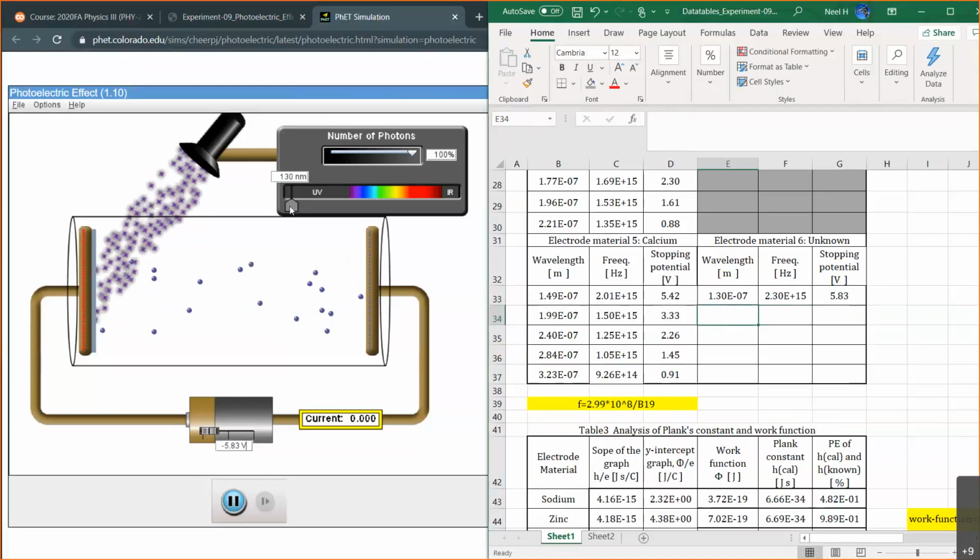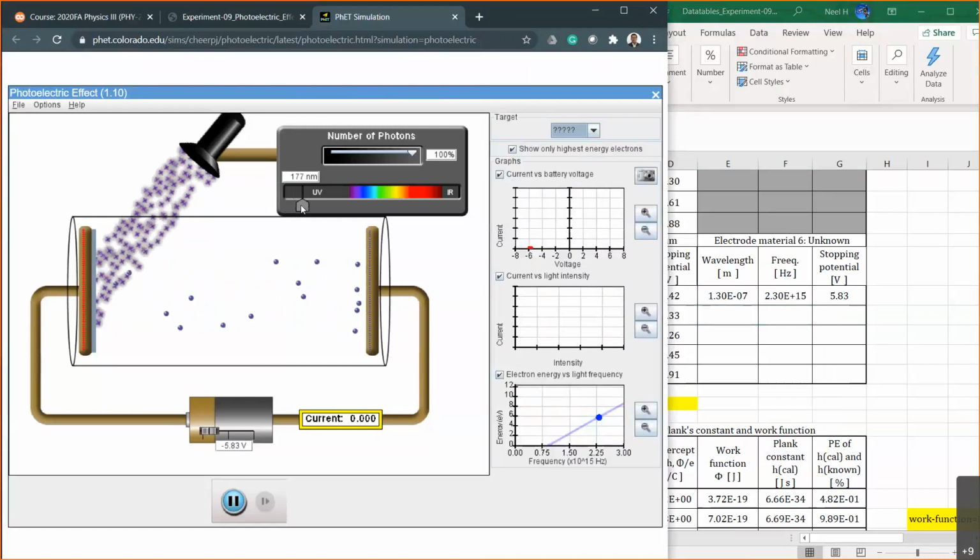Okay. Then you increase this to maybe 177, or like 30, 40 at a time. Try with negative 4, negative 2, maybe too low.